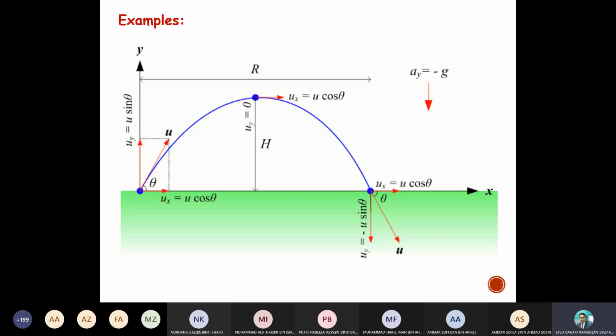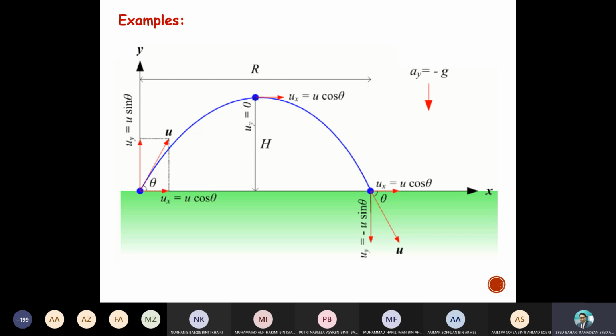The x velocity is constant in any direction, and you have ay equal to negative g. This is the gravitational acceleration, 9.81, only for ay in the y direction. And we also know ax is equal to 0, because x is not involved with gravity.